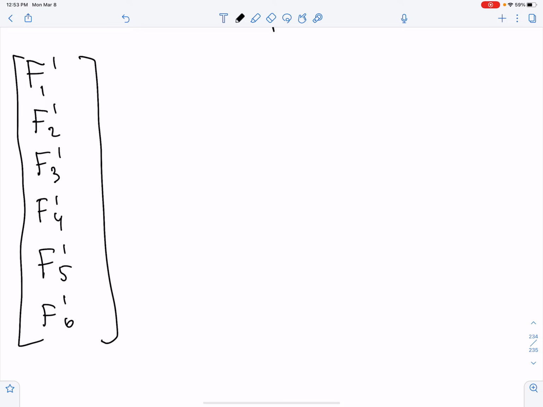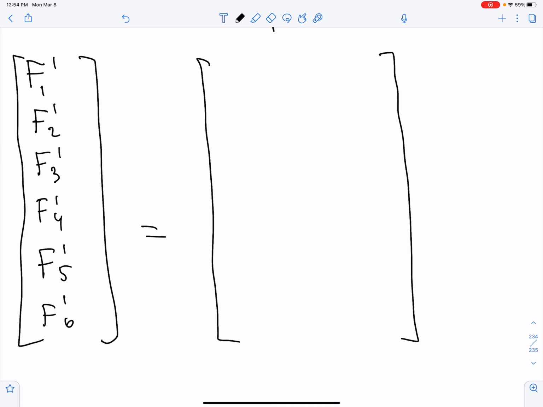On the right side, I'm going to have a matrix, which I'm going to fill up one by one. This is 6 by 1. And the vector that I want this matrix to multiply is exactly the vector of basic forces, generalized.